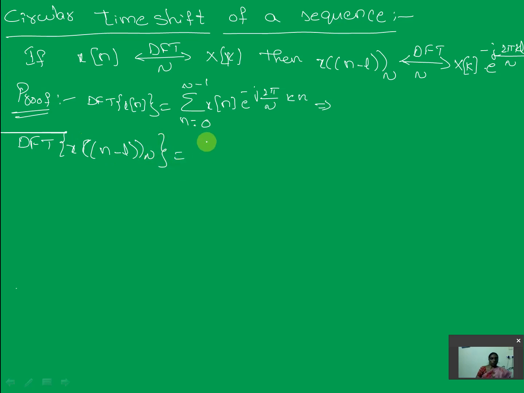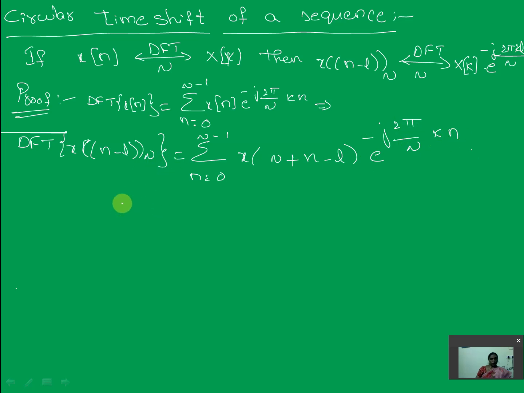That means summation n = 0 to N minus 1, x of n minus L modulo N, e power minus j 2 pi by N k n.